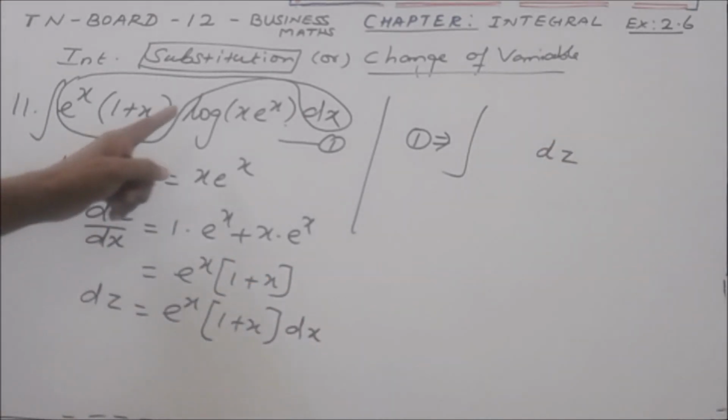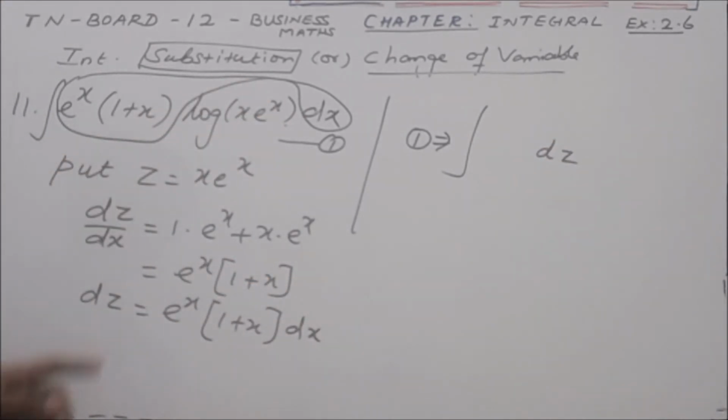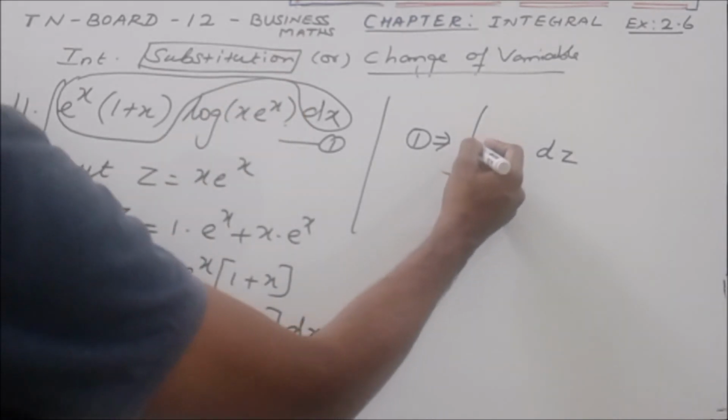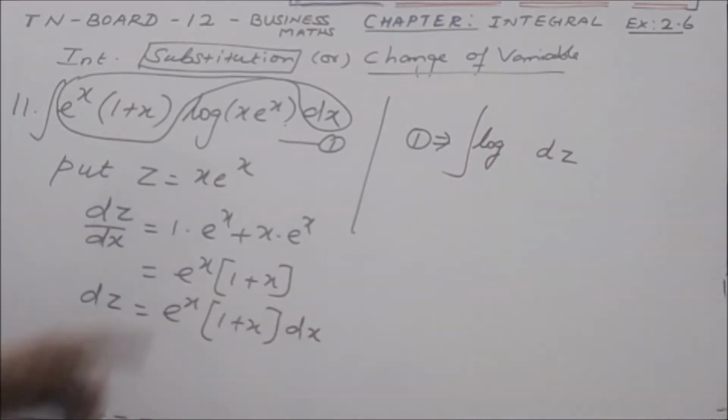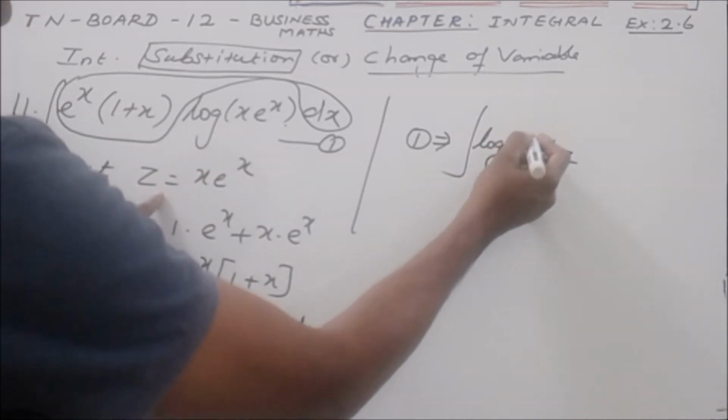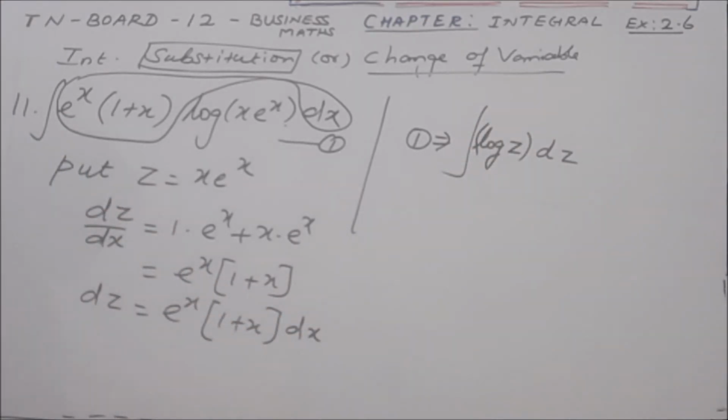The remaining is log of x e power x. Given the substitution z equals x e power x, that is z. So log z dz.